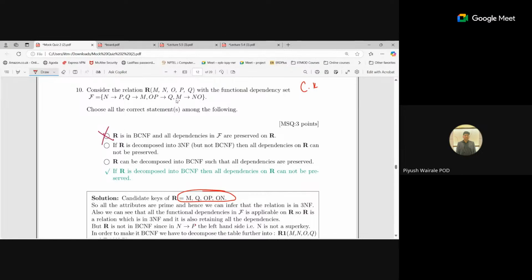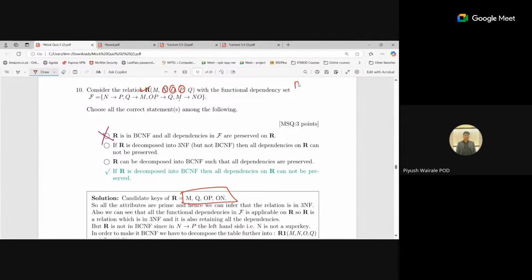From Q I'm going to get all the attributes. So I know M and Q individually. Now I am left with N, O, P. Take the combination of N O, N P, O P. Check the closure of this one and find out whether you are getting all the attributes in the relation R or not. So here we have these 4 as keys. Okay, so I hope you will find out how to get this candidate key. Okay, so we got this candidate key.